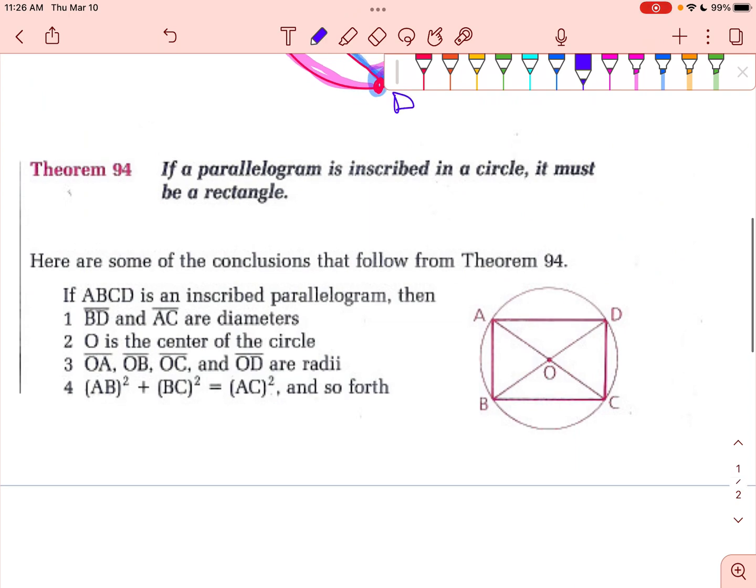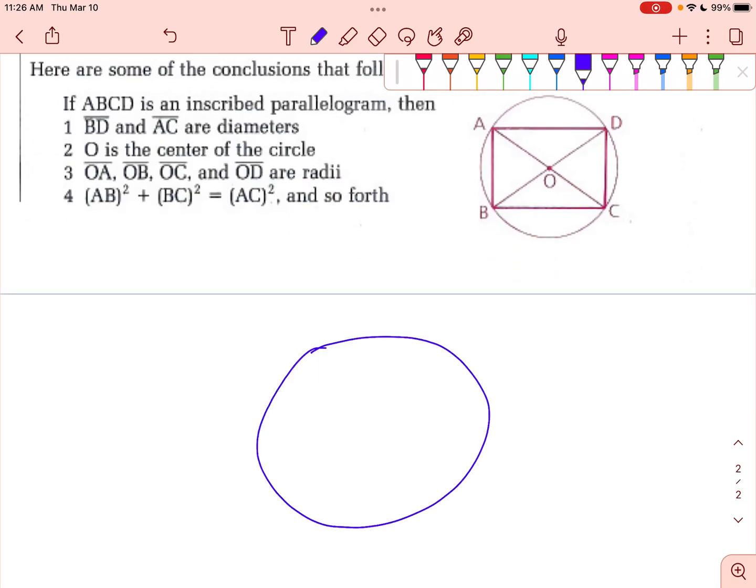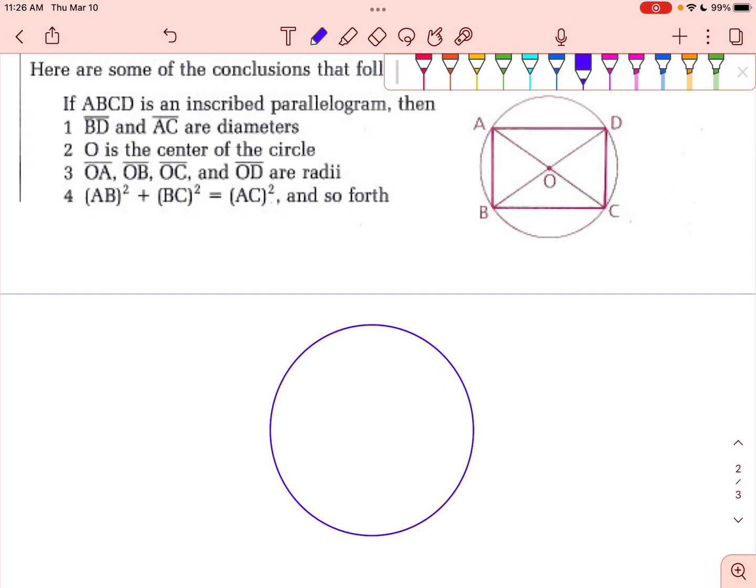And then we have a lot of information about a parallelogram. If I asked you to draw a parallelogram in a circle, you take a circle like this and try to draw a parallelogram. The first thing I would do is draw the parallel sides. So obviously you have to make these sides parallel, so let's make our chords parallel.